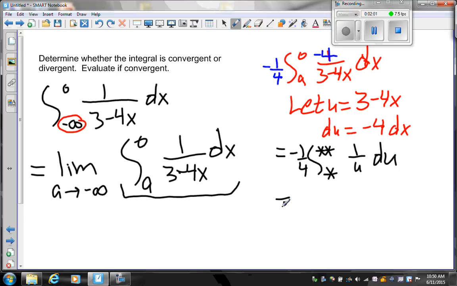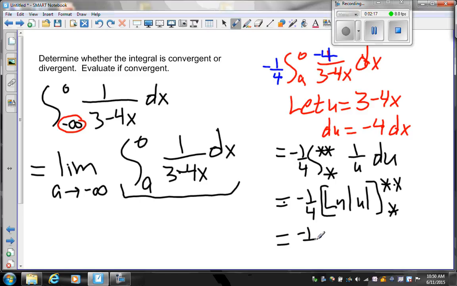We know that the integral of 1 over u du is the natural log absolute value of u, and we are evaluating at those new limits of integration. Now, u is equal to 3 minus 4x. Once we get back to x's, we can evaluate at our original limits of integration, a to 0.